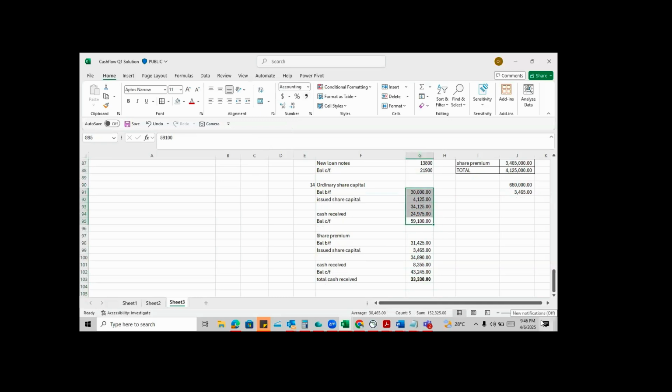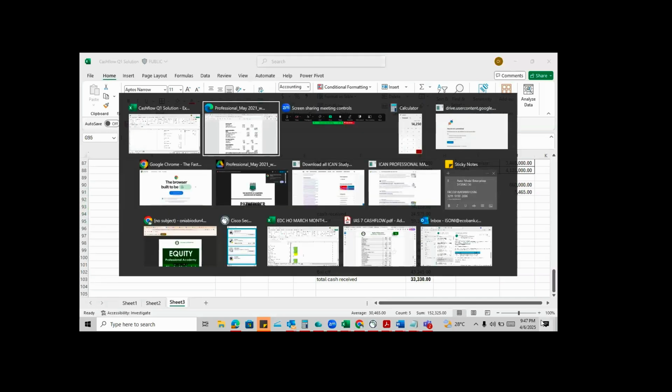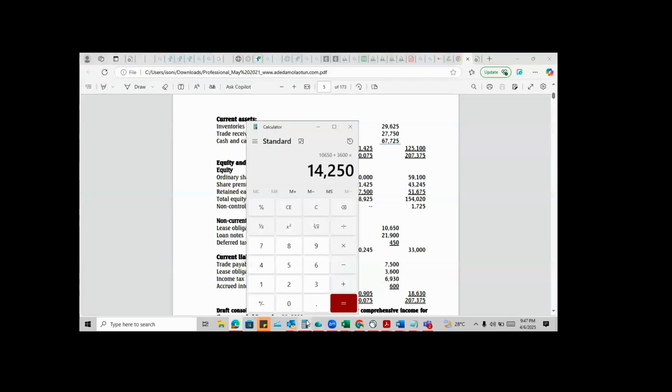Why do they now have a different amount? Let me look at what they've done. This 11,820. But 43,245 minus 31,245.